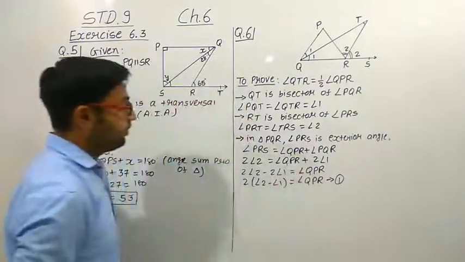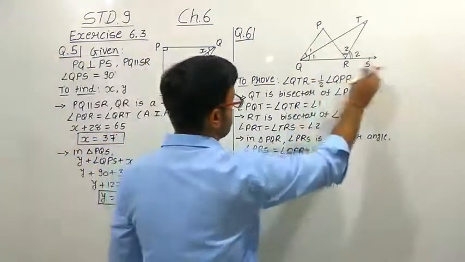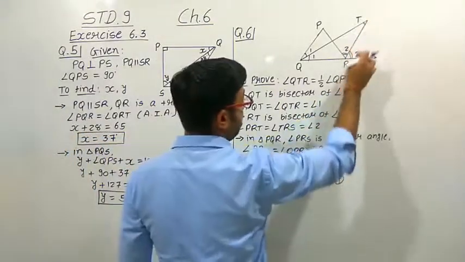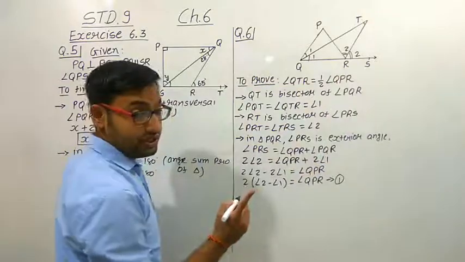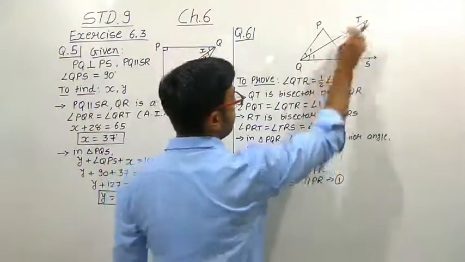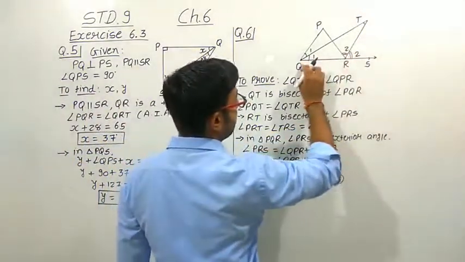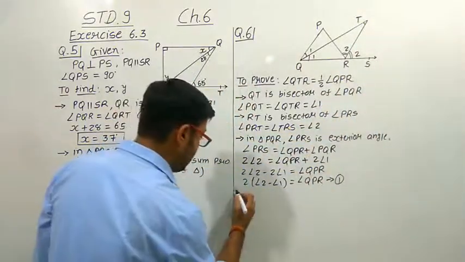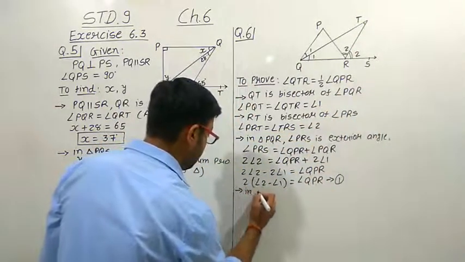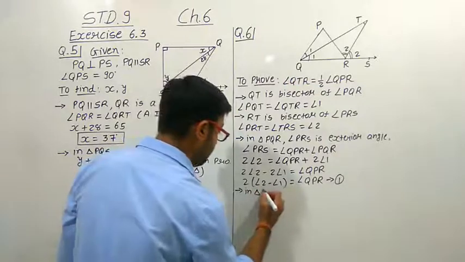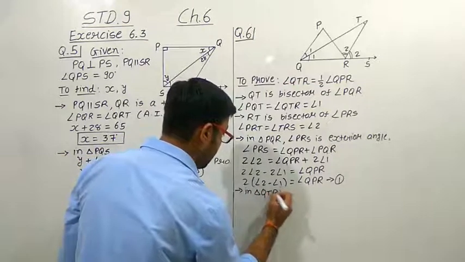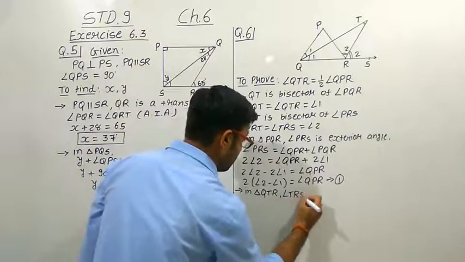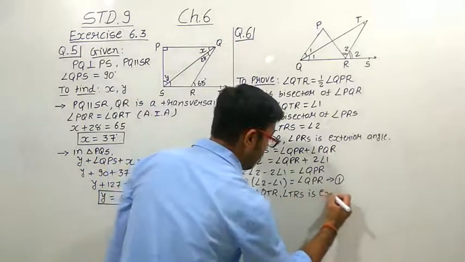So here we use angle PRS as an exterior angle. Now in the same way, see, angle TRS is also the exterior angle for triangle QTR. So in triangle QTR, angle TRS is the exterior angle.